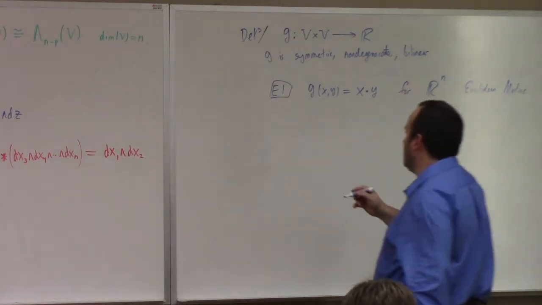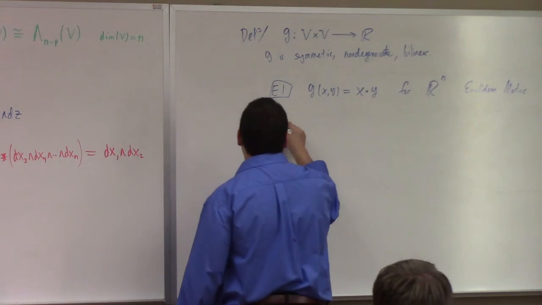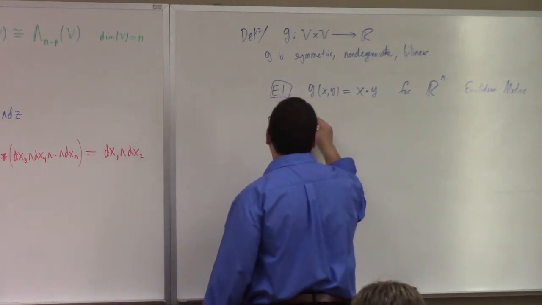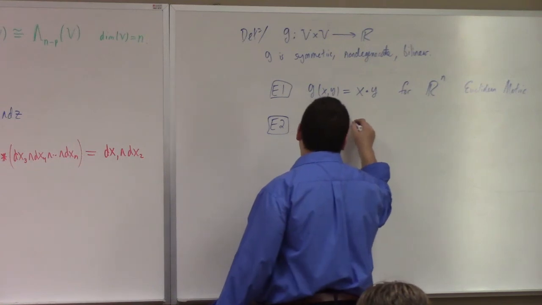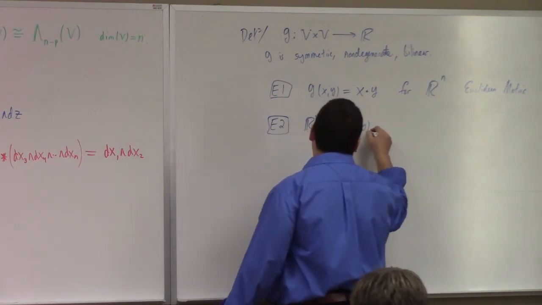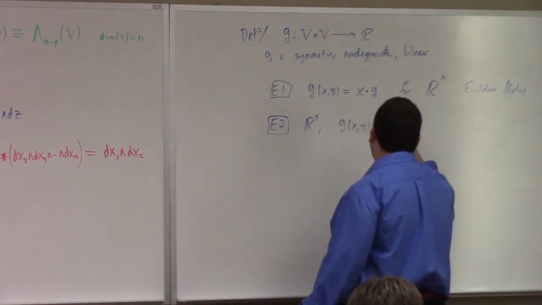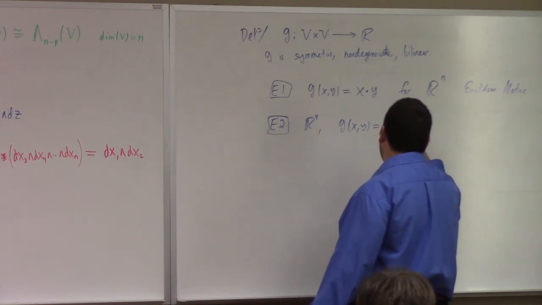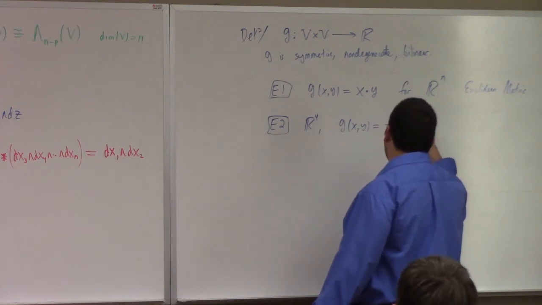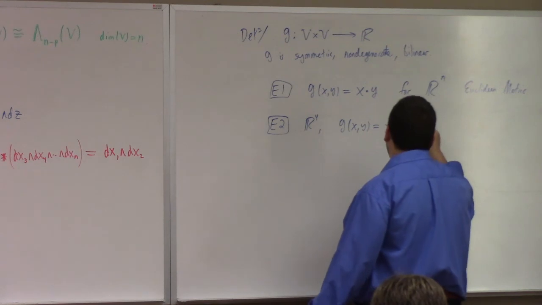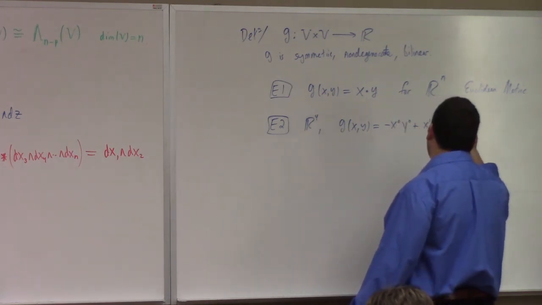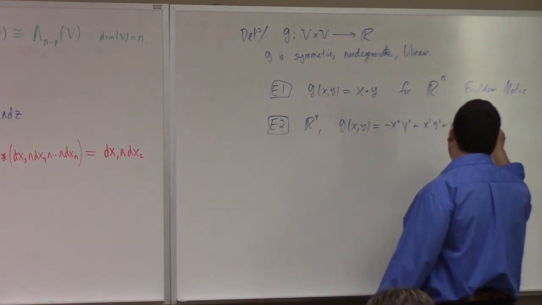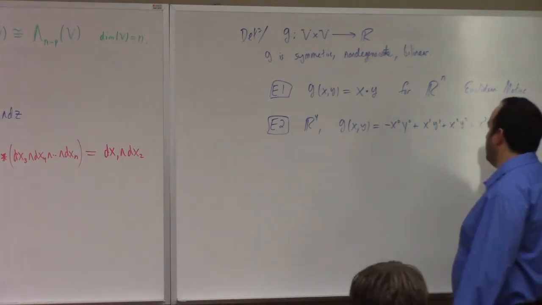But you can also look at, say, R4 with g of x, y equal to minus x0 y0 plus x1 y1 plus x2 y2 plus x3 y3.